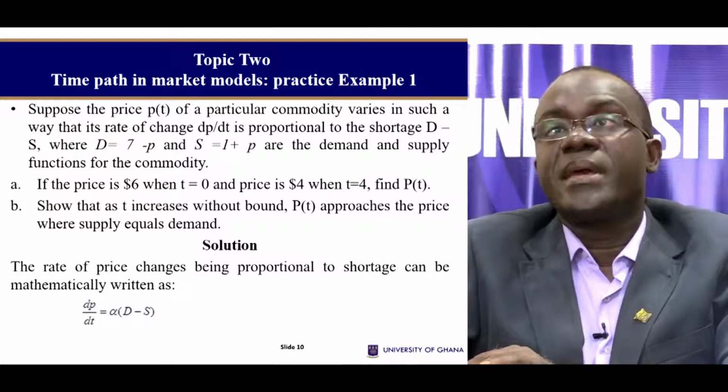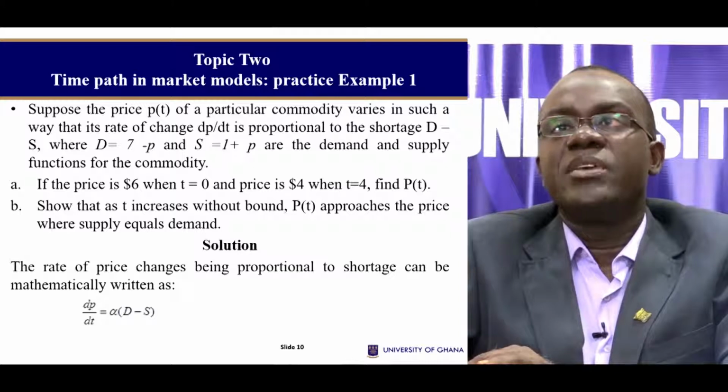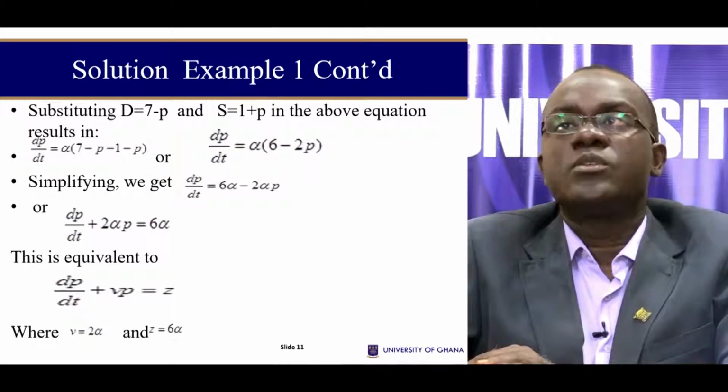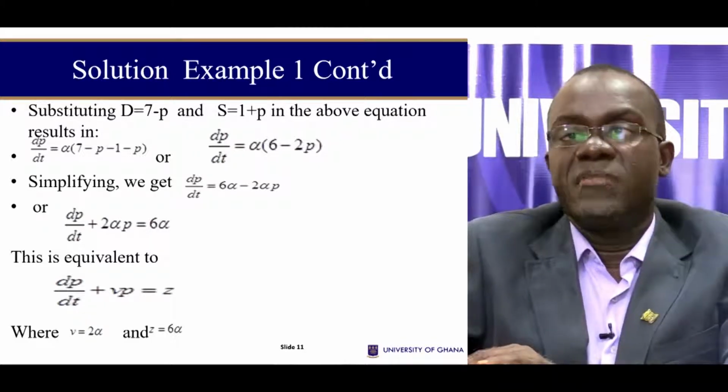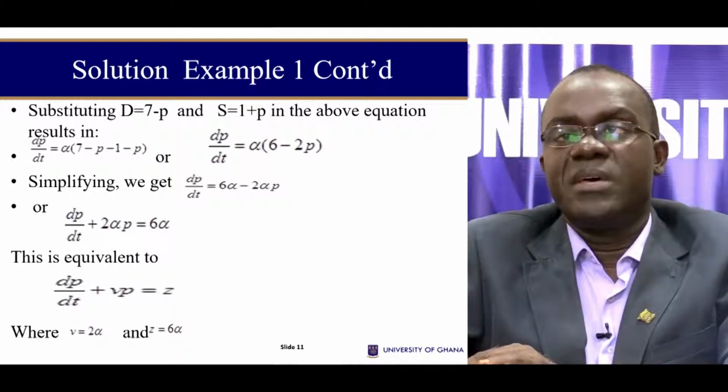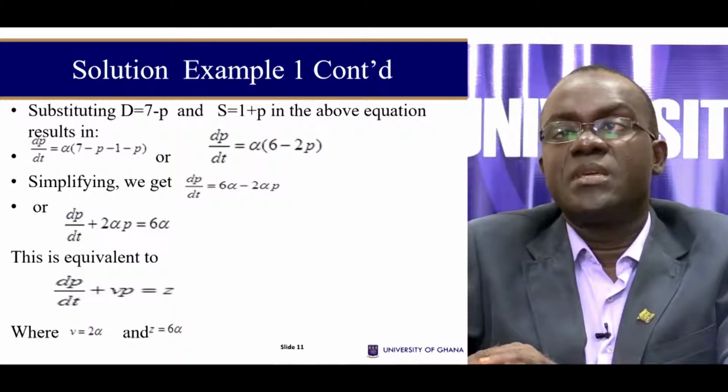Now, let me take a very practical example. Here I've defined my demand and defined my supply. I've given some initial conditions to enable us to find the constants. And therefore our equation is what we have over here. When I slot in the actual values and simplify, I have this equation, which is equivalent to our first order differential equation, where V is equal to that and Z equals that.